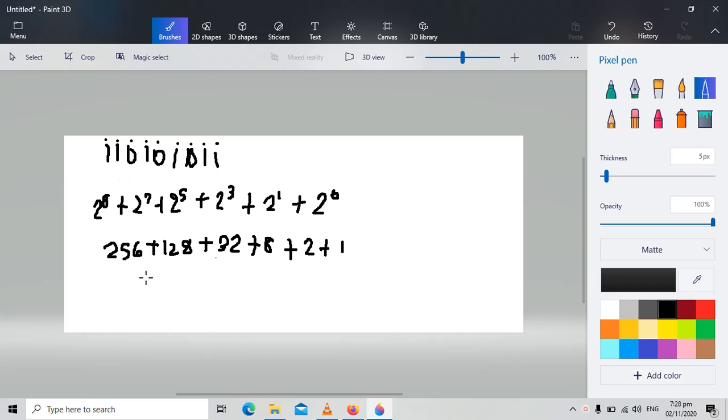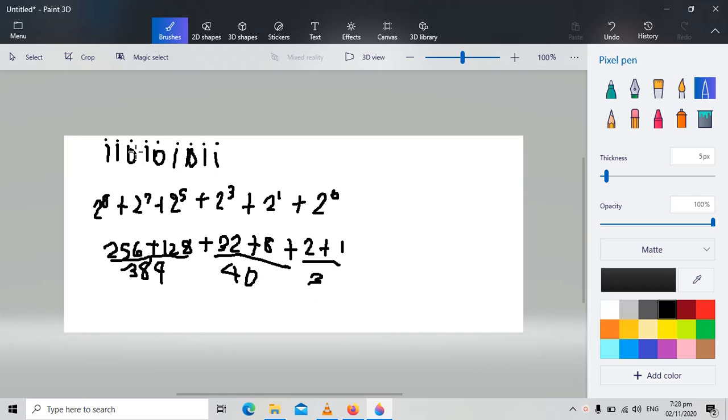Now we'll add them together. 256 plus 128 is 384. 32 plus 8 is 40. 2 plus 1 is 3.